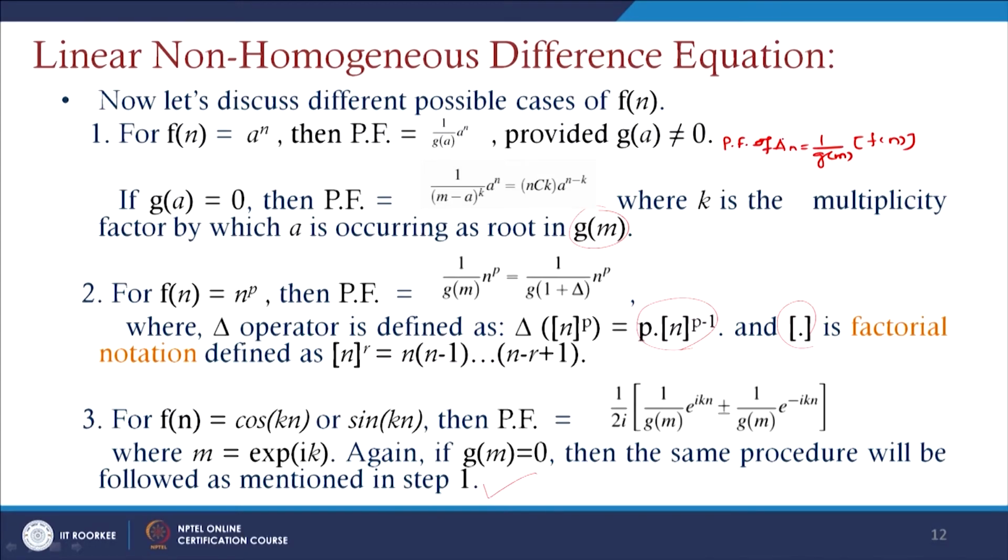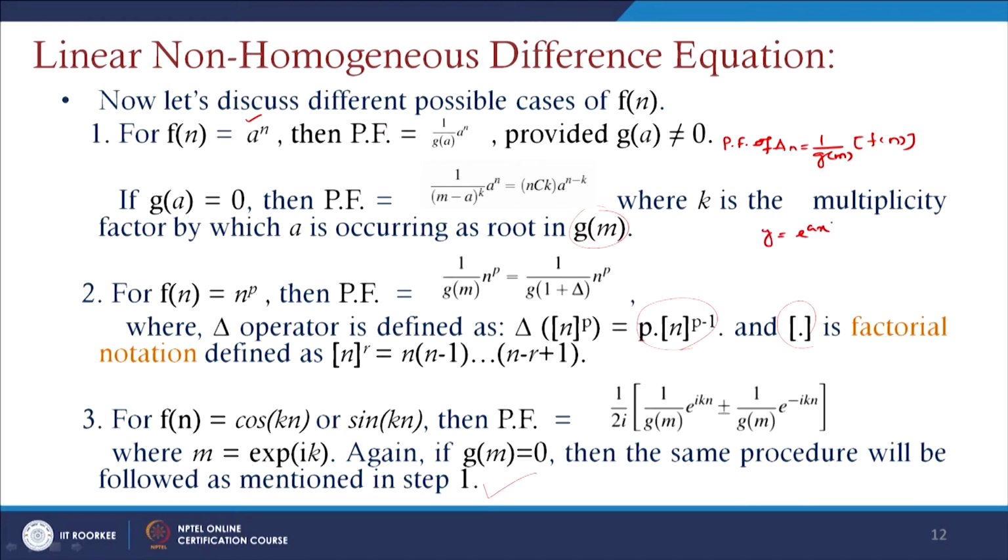Especially whenever we are operating this 1 by g of m function on f n, we will have different conditions. For the first case, if you choose f n equal to a to the power n, then like our continuous case, whenever we are using ordinary differential equations, we assume the generalized solution in the form y equals e to the power ax.